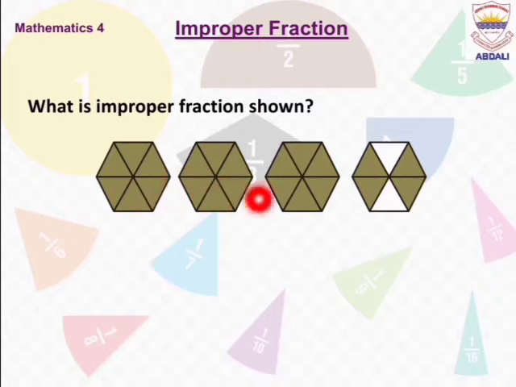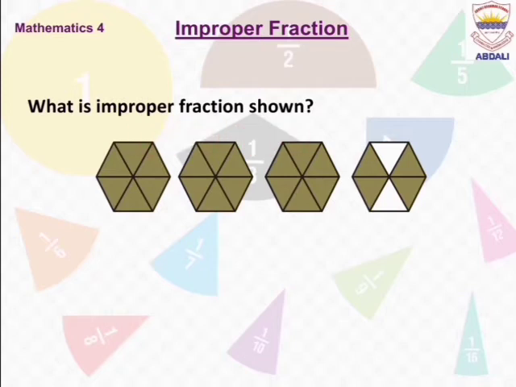Each pentagon is divided into 6 parts, and the first 3 pentagons are fully colored, and in the last pentagon only 4 parts are colored and 2 parts are uncolored. Now students, show it as an improper fraction.